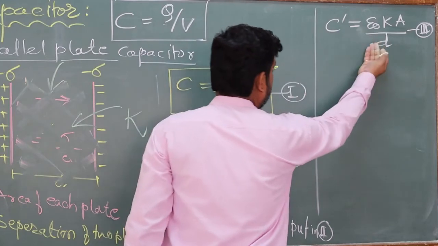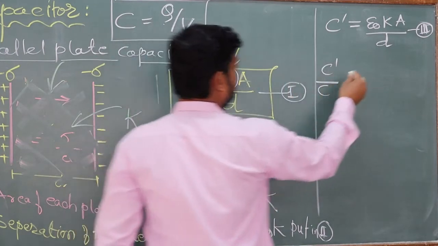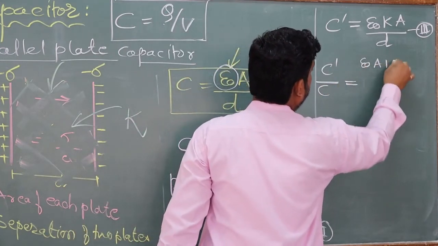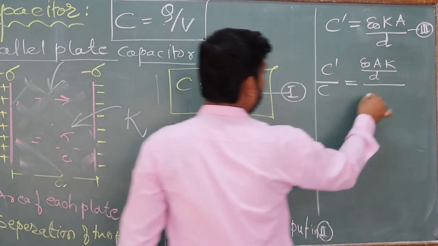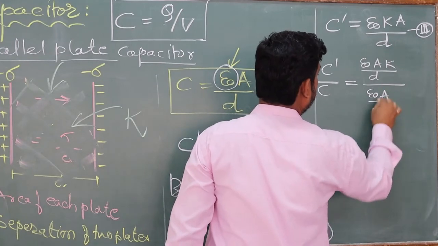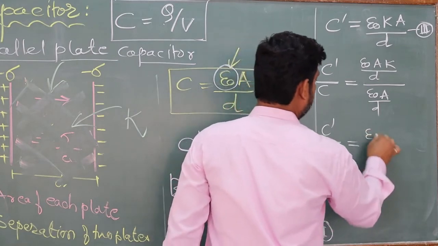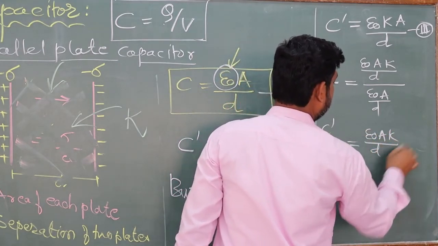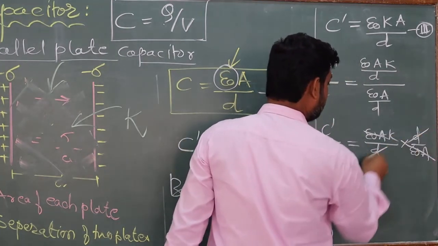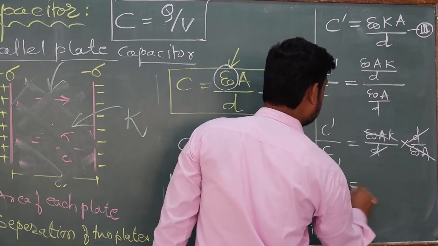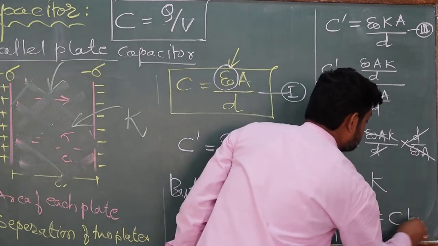So taking the ratio of equation 3 and equation 1, C dash divided by C: C dash equal to epsilon 0 A K by D, divided by C equal to epsilon 0 A by D. So epsilon 0, A and D get cancelled, C dash by C equal to K. Right, final equation, C dash equal to CK.